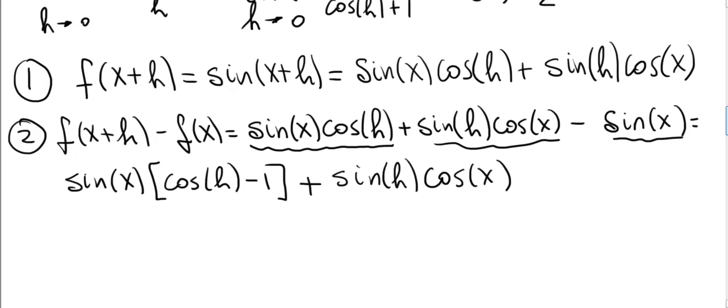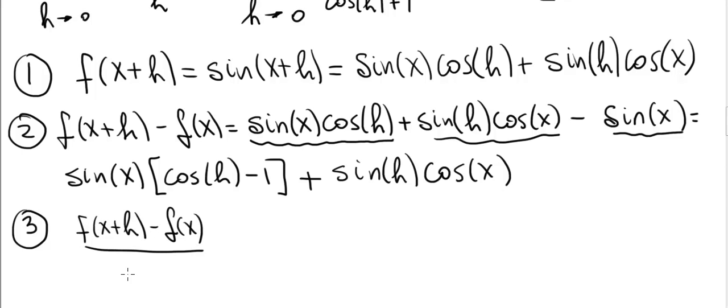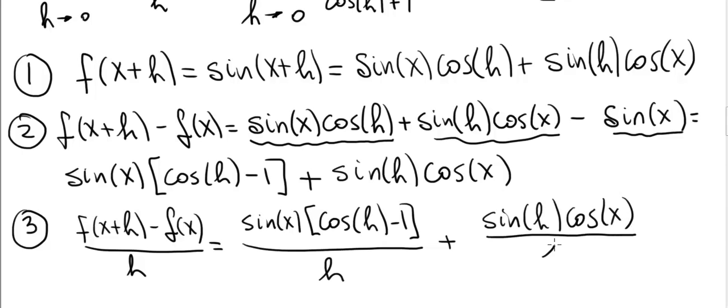Step 3 is to take what we did in step 2 and put it over h. So it's f of x plus h minus f of x divided by h. And in our case, it looks like this. Sine of x times cosine of h minus 1 divided by h plus sine of h cosine of x also over h.